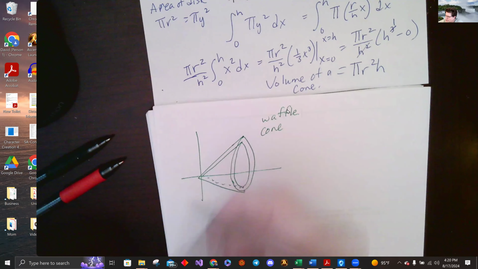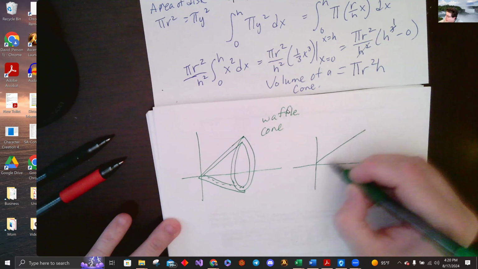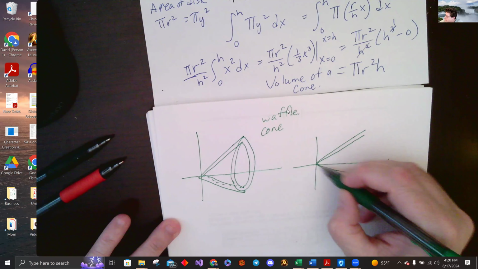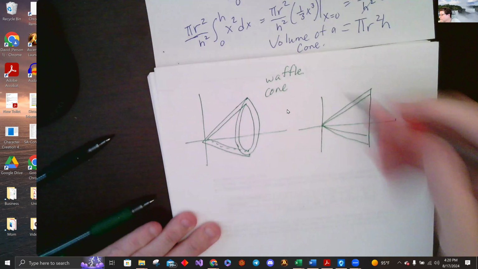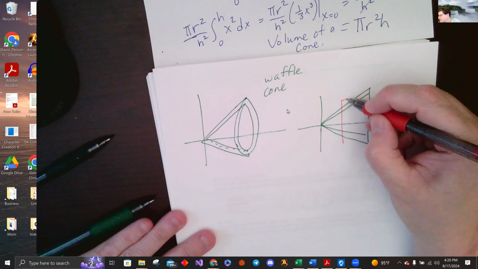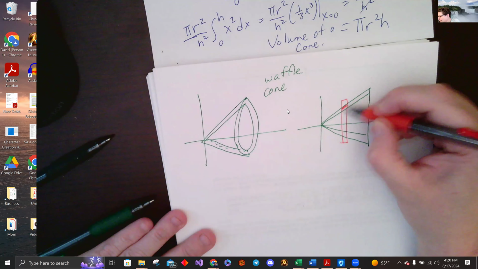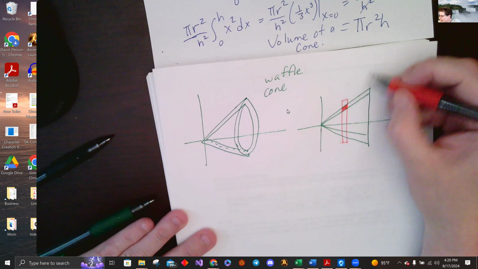Now when we're doing our disk method, if you look at its side profile, this is really what's going on. We're looking at a rectangle here, but the one area we want is this part rotated around.